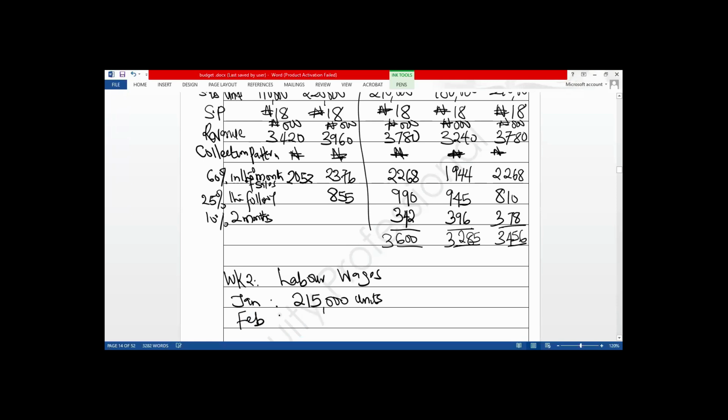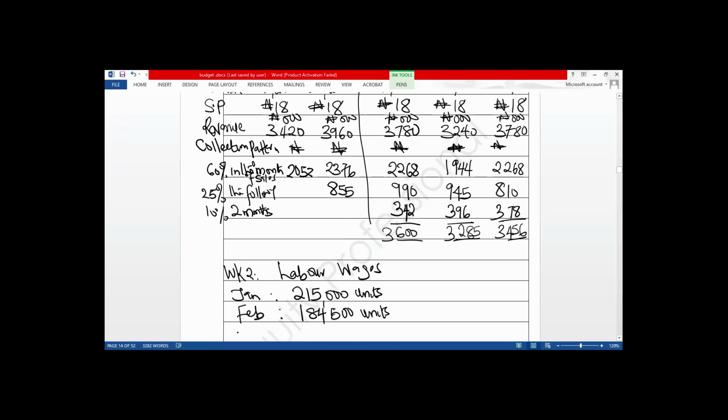February, we are going to produce 184,500 units. March, to produce 211,500 units. Labor cost per unit, 6 naira. Please multiply.